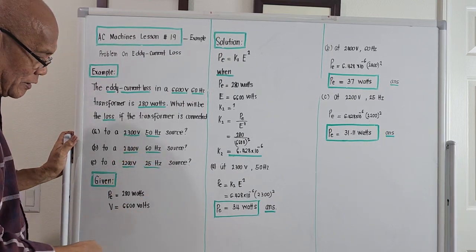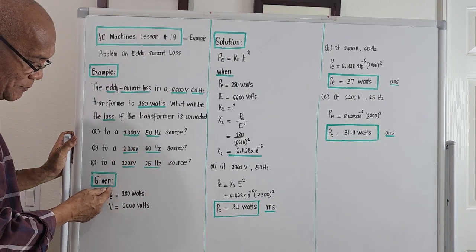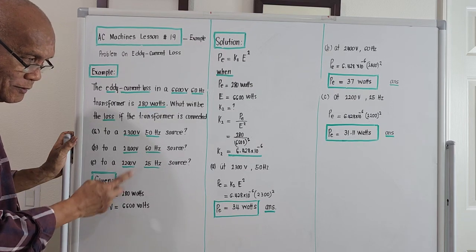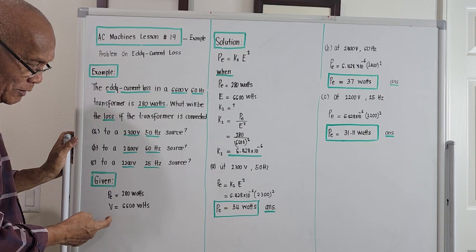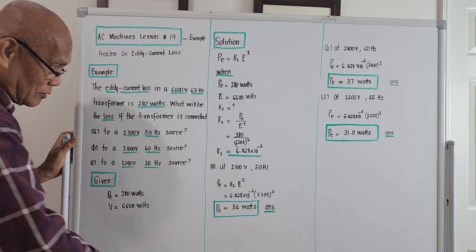We bring out first the given. What is given is capital letter P with the subscript E, meaning the eddy current loss, is 280 watts. The terminal voltage is 6600 volts.